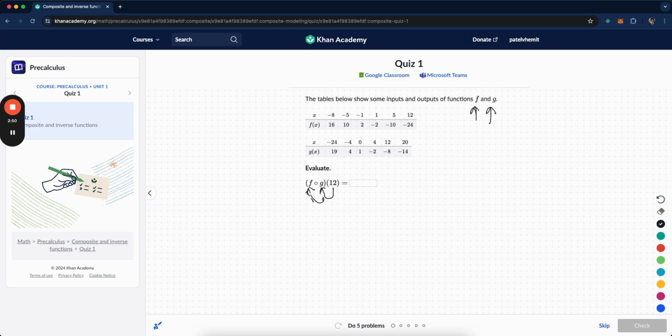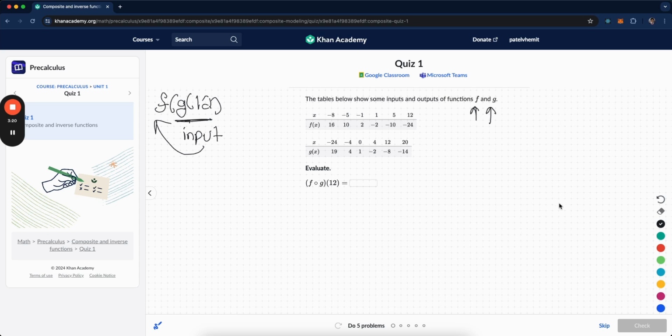So the way that we would represent this more easily and more recognizably is f of g of 12. This represents the same flow that we were talking about from before, right? Because this has become the input for function f.